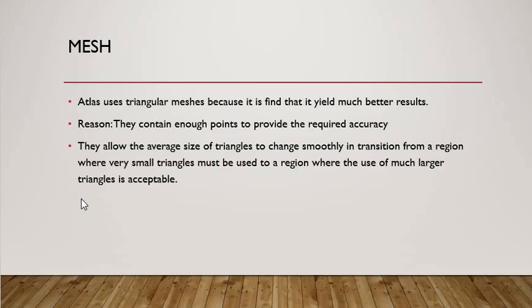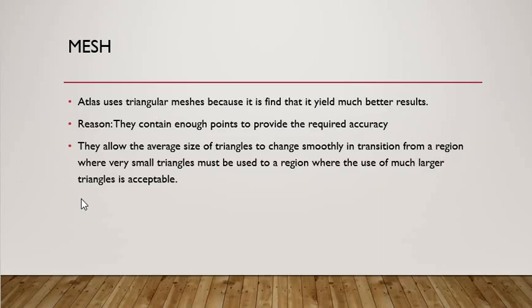The first reason is that it provides better accuracy. You know that you need better accuracy with a smaller number of points, where the calculation is less. The triangular is the better one for this. One more crucial reason, I think, is when you go from a small triangle to a large triangle.